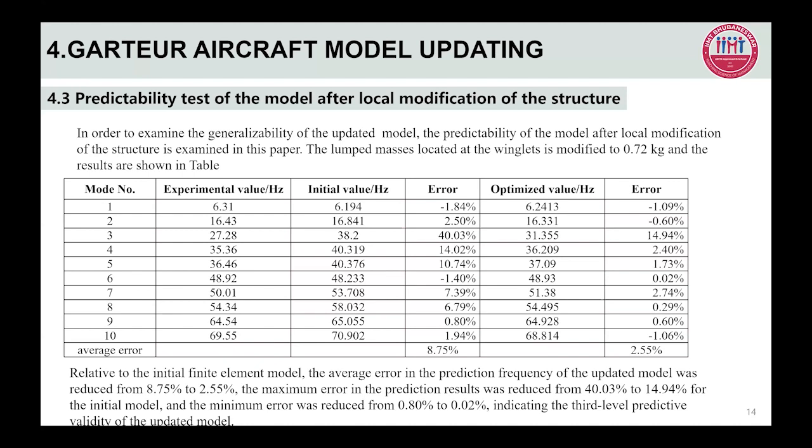The maximum error in the prediction results was reduced from 40.03% to 14.94% for the initial model, and the minimal error was reduced from 0.80% to 0.02%, indicating the third level predictive validity of the updated model.